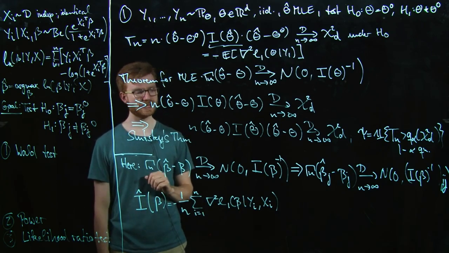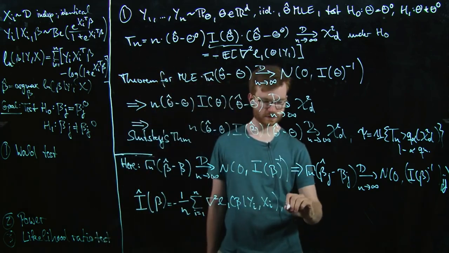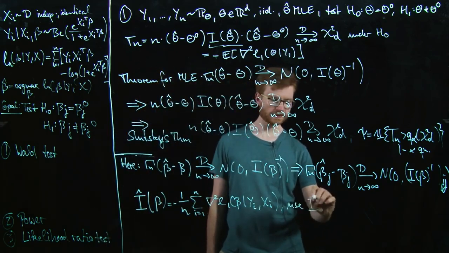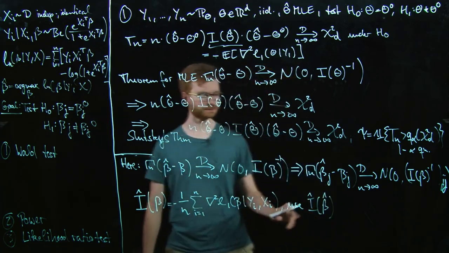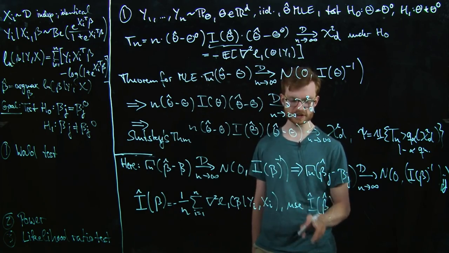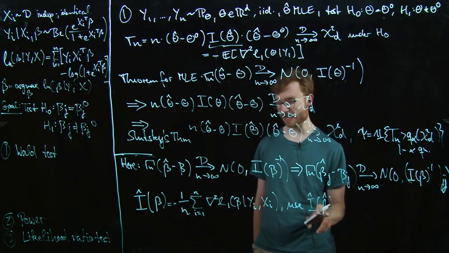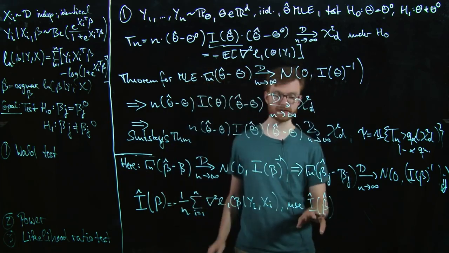But what I need to know here is this quantity that I want to use as an easy plug-in estimator. So I want to first estimate the matrix-valued function that is the information, and then plug in another estimate for the true underlying parameter. How does this thing behave?